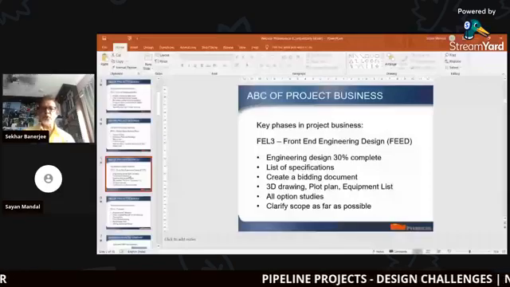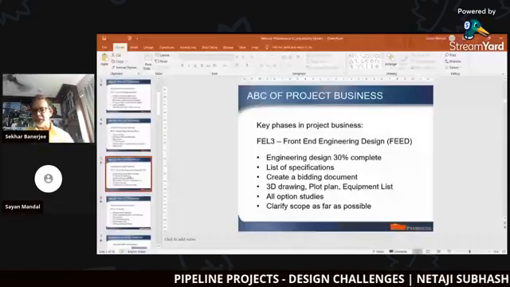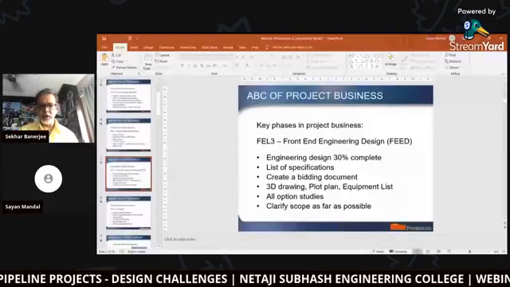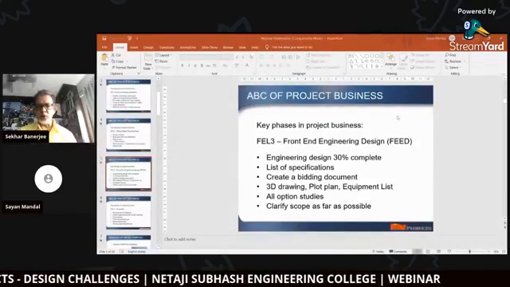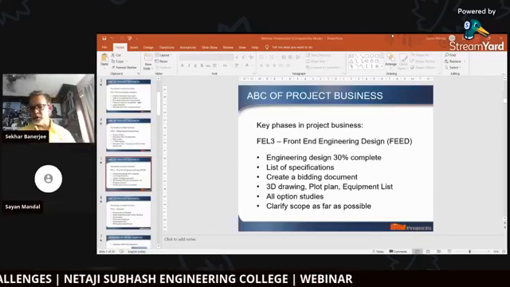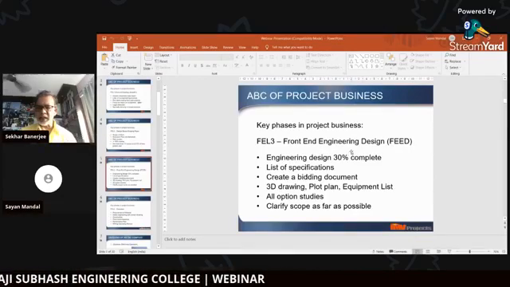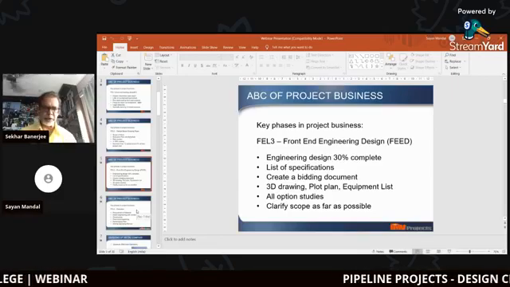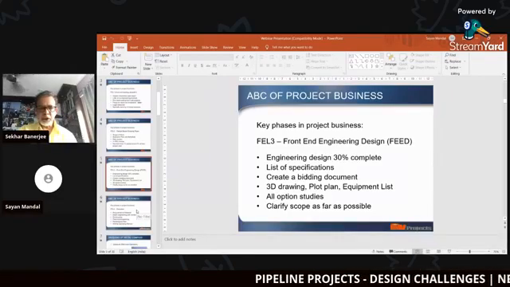Then you will write a scope of work with all the specifications, 2D, 3D design, equipment list, etc. This document will go to a construction company for bidding. So the construction company will get it as a bid document, and they'll give the price based on this paper.